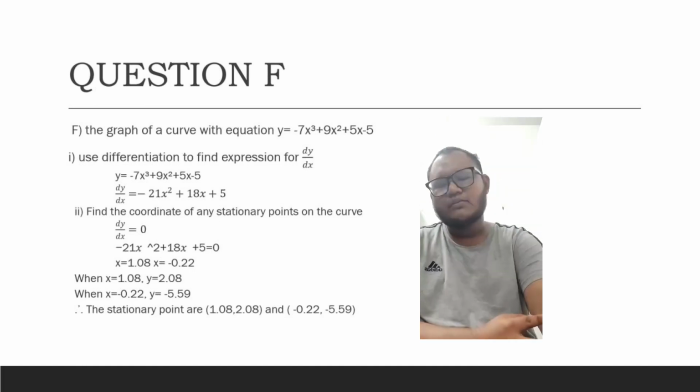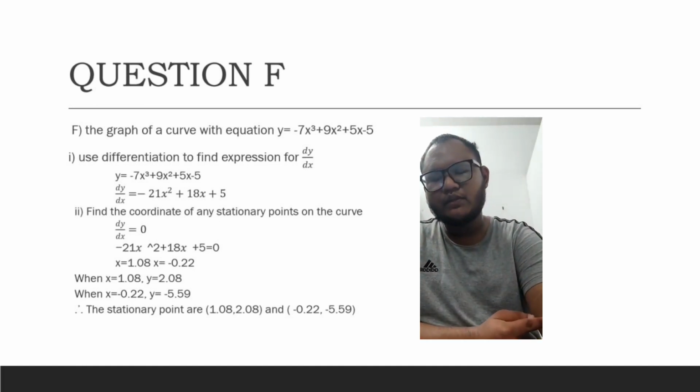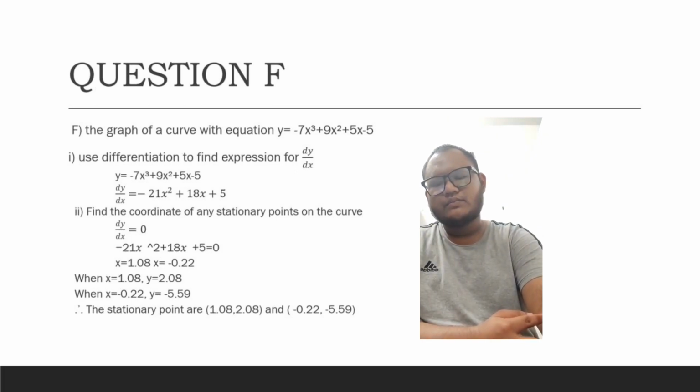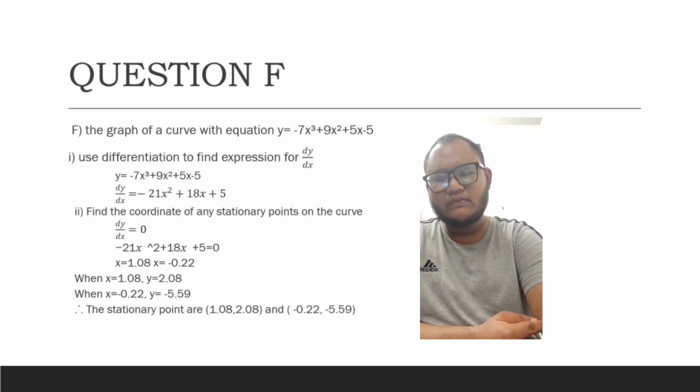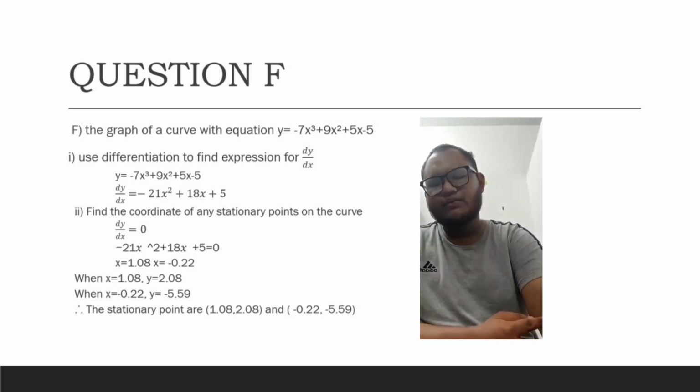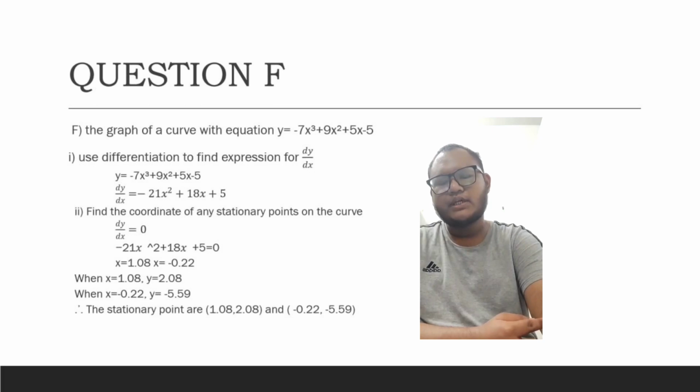Next, I will be moving on to question 7. The graph of the curve with equation y equal to negative 7x power 3 plus 9x power 2 plus 5x minus 5. The first question is use differentiation to find the expression for dy per dx.